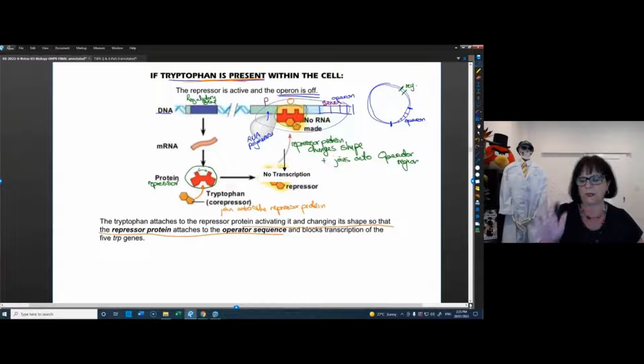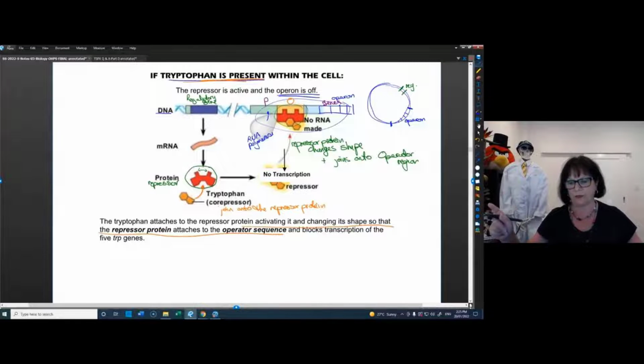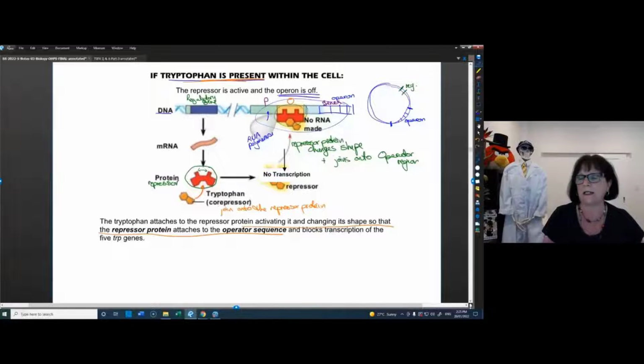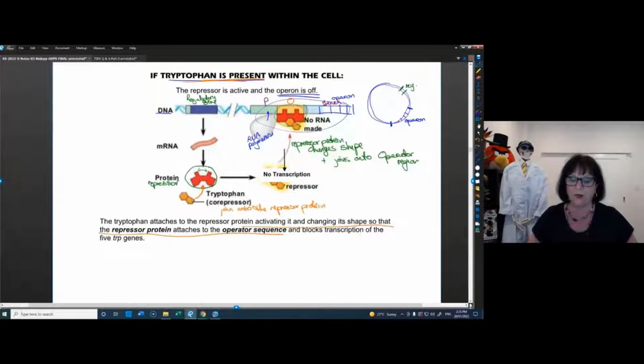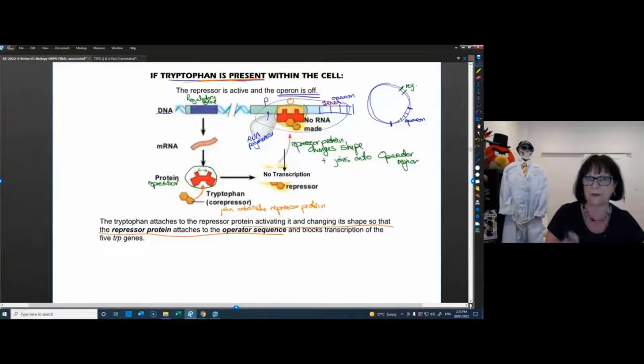So if the repressor protein is joined to the operator region, that pathway is blocked, and so the RNA polymerase cannot move across. So the genes aren't transcribed. The enzymes aren't made. But they don't need to be because the bacteria has the tryptophan. So that is how the repressor protein blocks the operator when tryptophan is present.